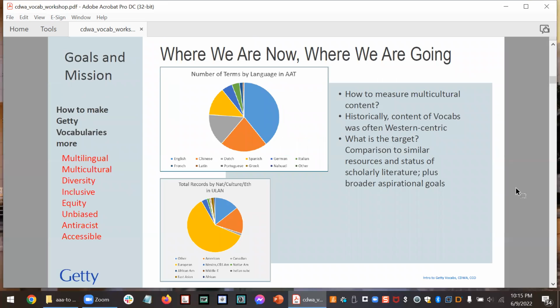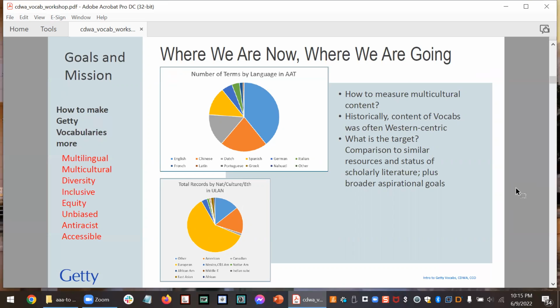Now, our goals and missions. We want to make the vocabularies more multilingual, multicultural, inclusive, also looking to diversity and equity, unbiased, anti-racist terminology, and to make them accessible. But how do we measure where we are now? One way to look at the multicultural content could be to look at the languages in the AAT, for example.